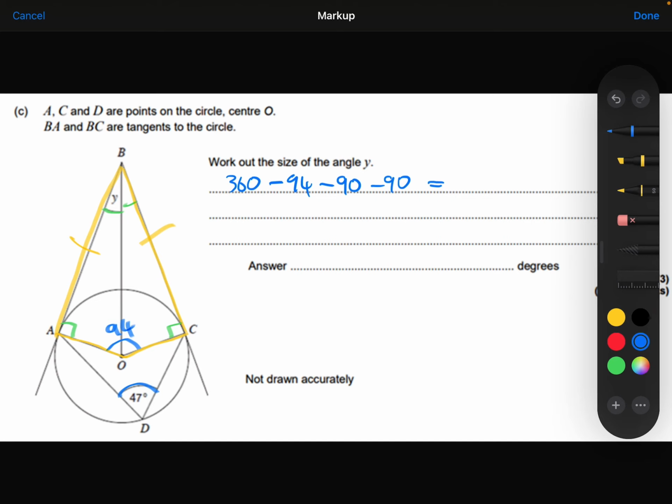And that's going to tell me what the 2y at the top there is going to be equal to. So this angle here is 86 degrees, so divide that by 2 to work out what y is, and we get 43 degrees.